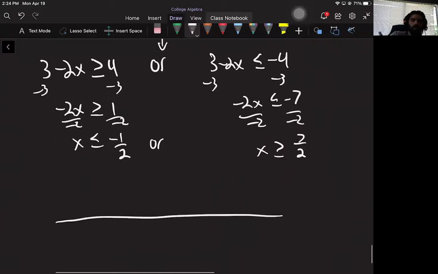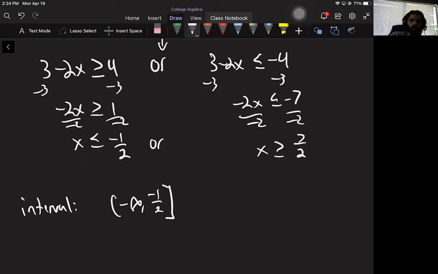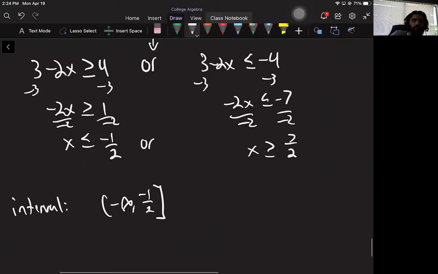So I can do this graphically and as an interval. Doesn't matter which order, I guess. Let's do interval first for or. This is saying that I can be to the left forever of -1/2, and then I can include -1/2, or with the union symbol, I can include 7/2 and then go to the right forever.